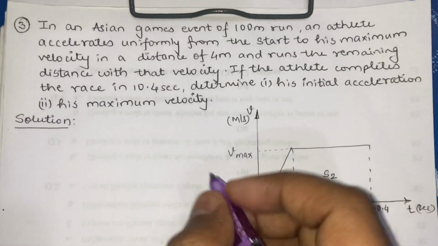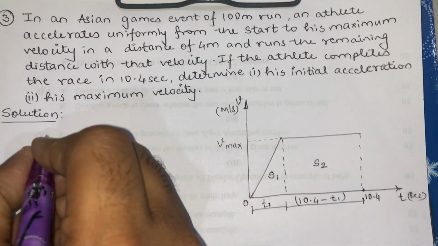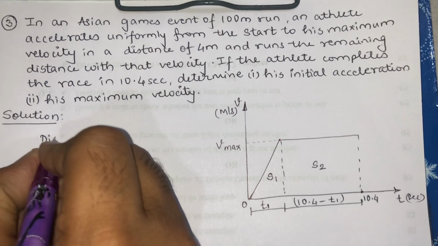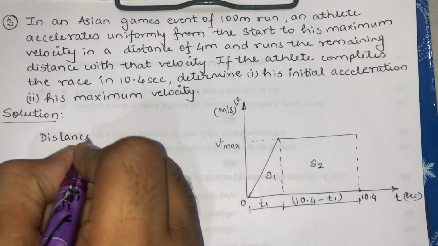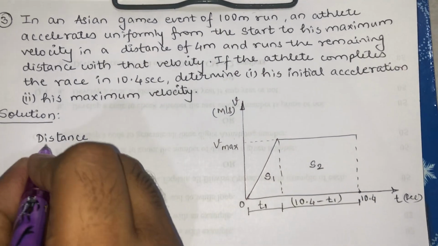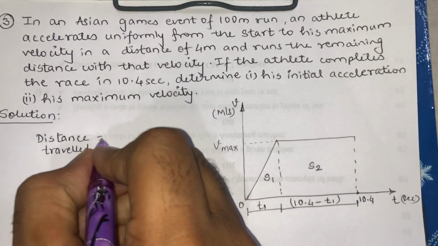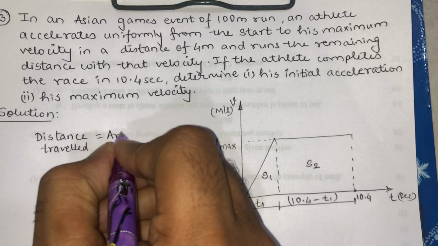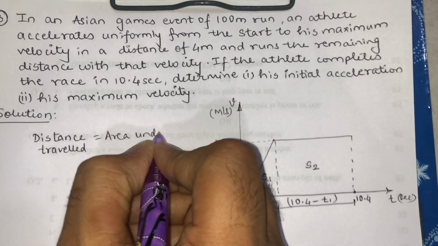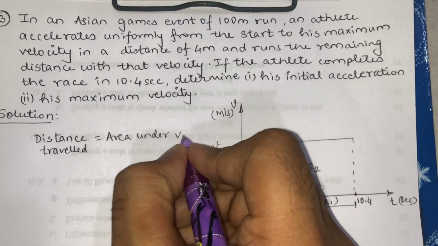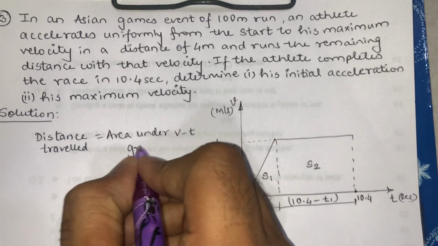Now one thing you might know is that in terms of a graph, distance traveled is equivalent to the area under the V-T graph.